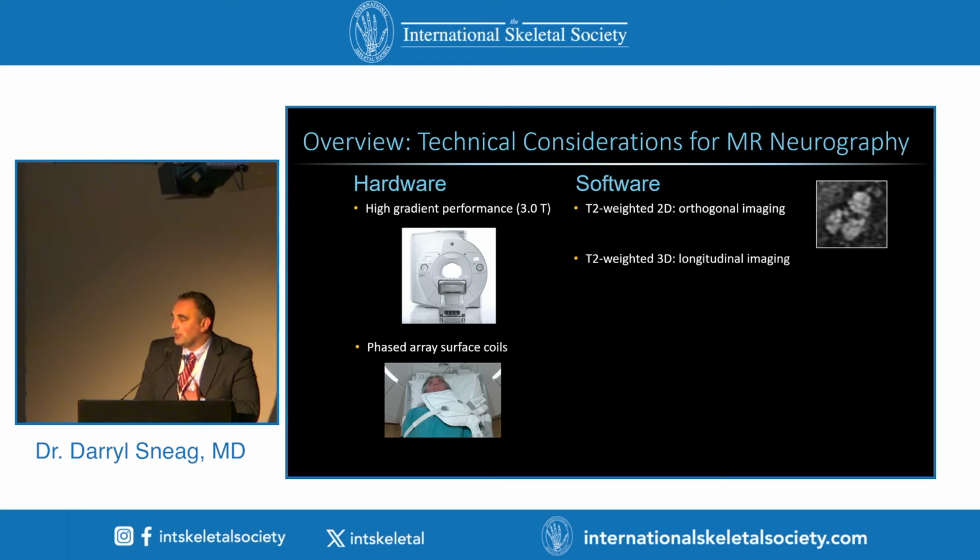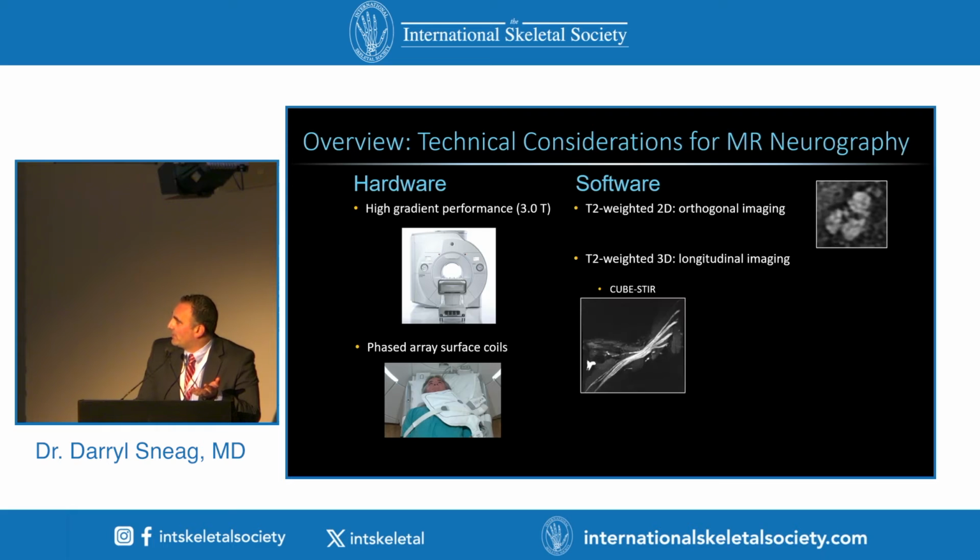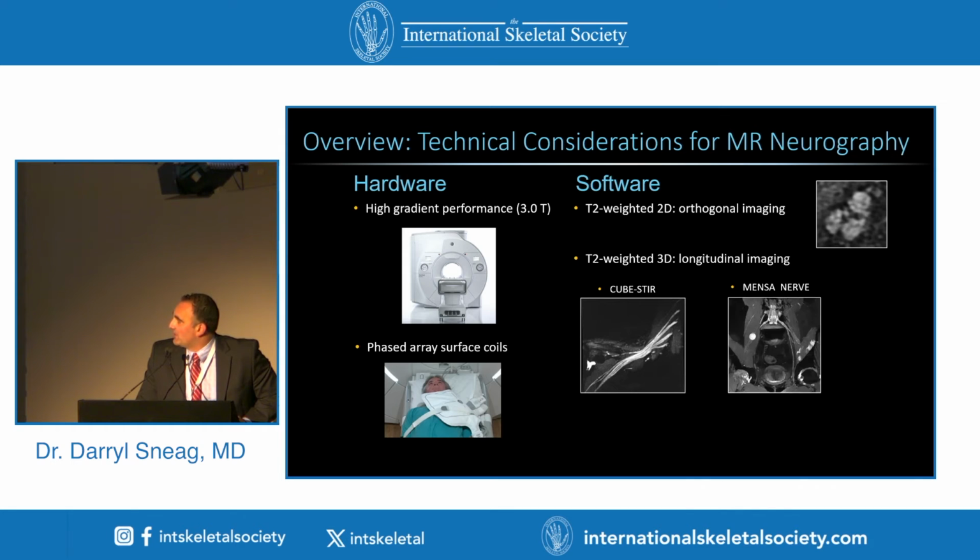For longitudinal imaging, with lower in-plane resolution but much higher through-plane resolution, on the order of 1 millimeter, I use a fast-spin echo 3D sequence, a CUBE STIR sequence. I sometimes combine it with intravenous gadolinium, where I can simultaneously suppress both the blood vessels that might otherwise obscure small nerves, as well as the fat. And then more recently, we've used MENSA nerve, and I'll get into some detail about that in a little bit.